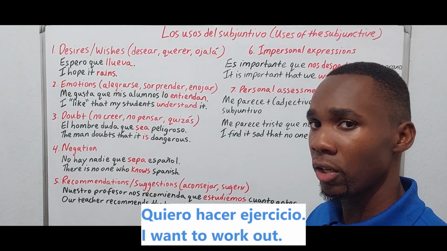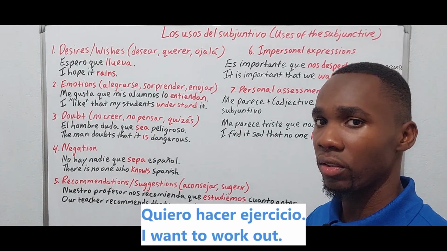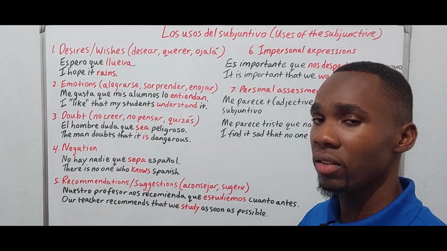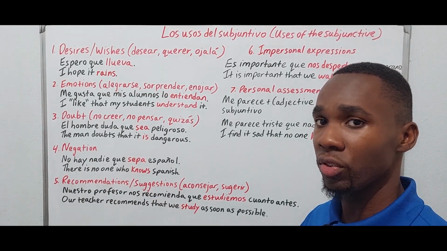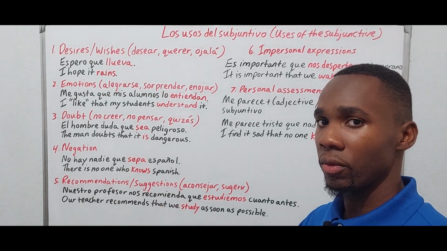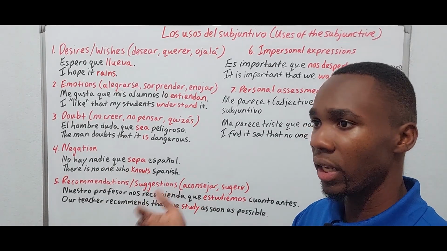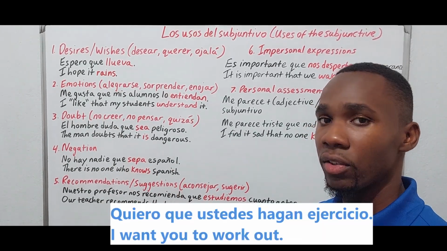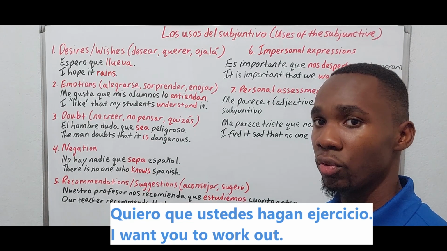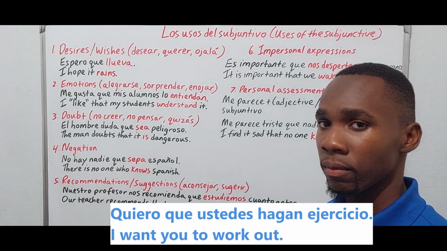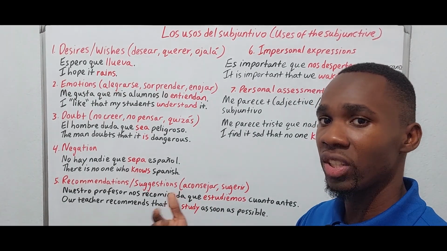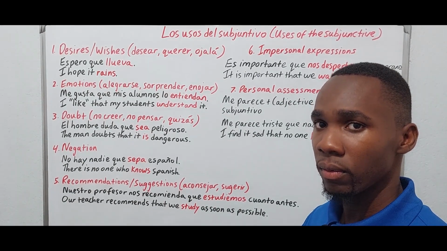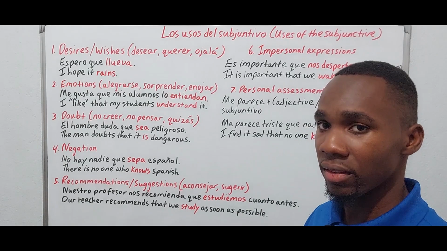But if I change the subject after, if I want to refer to someone else, then I have to use the que followed by the subjunctive. So, quiero que ustedes hagan ejercicio. I want you to work out. So you see the subject changes. So we use que when we want to change the subject, right? So that's just an example of that.